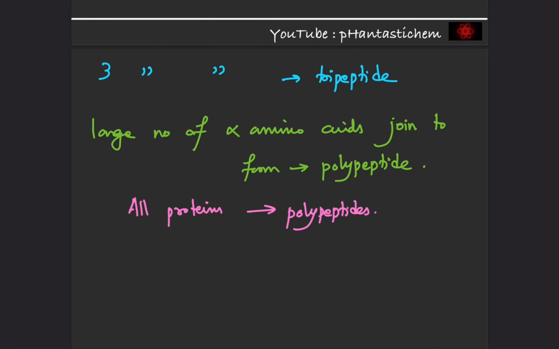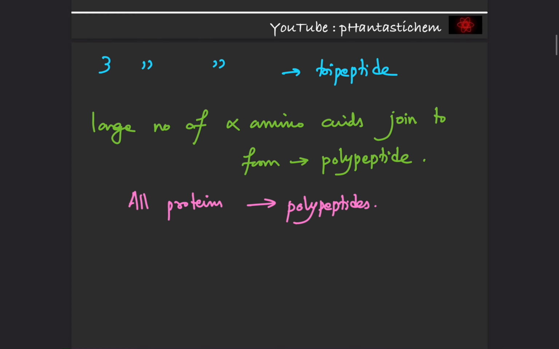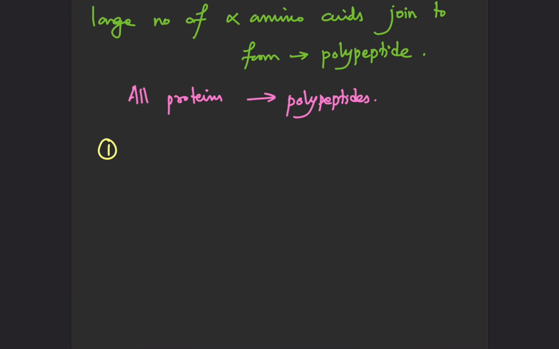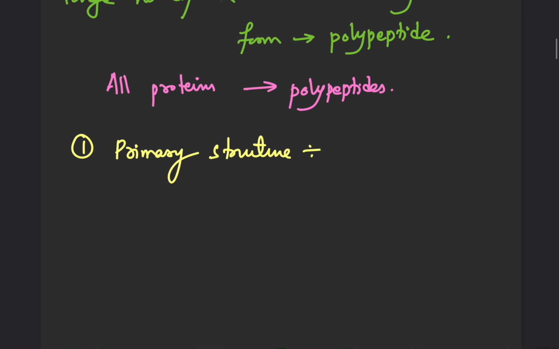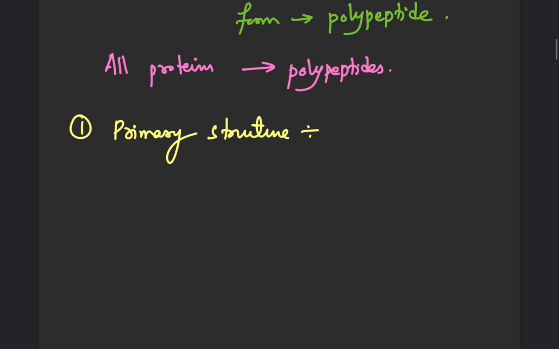The structures of proteins are discussed at four different levels, that is primary, secondary, tertiary and quaternary structures. Okay, so the first one is the primary structure. So the specific sequence in which the various alpha amino acids present in a protein are linked to one another is called its primary structure.